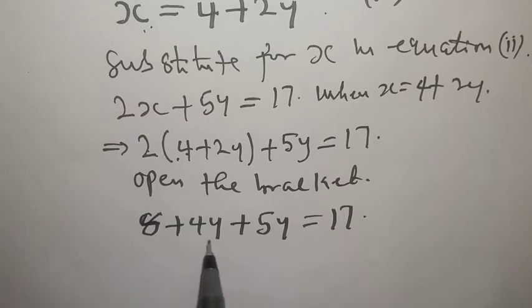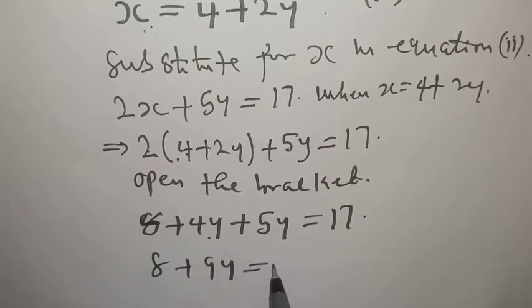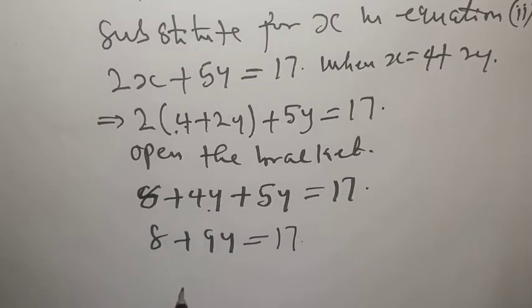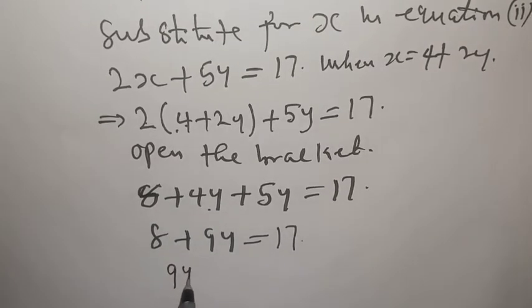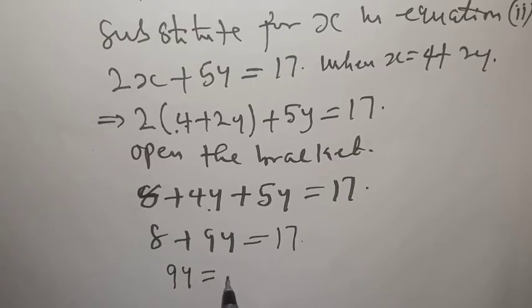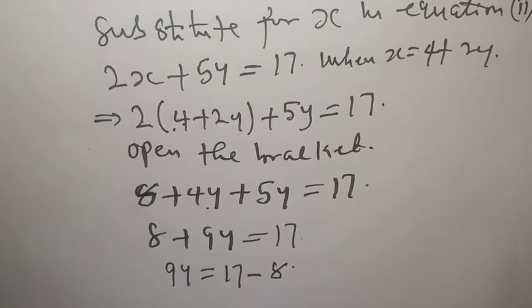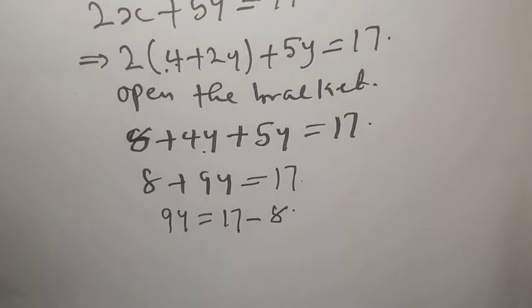Then 4y plus 5y is equal to 9y. It will be equal to 17. Then we have 9y will be equal to this 17; if 8 crosses to the other side, it will become minus 8. Can you see? Very simple.